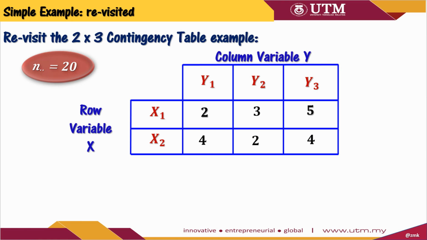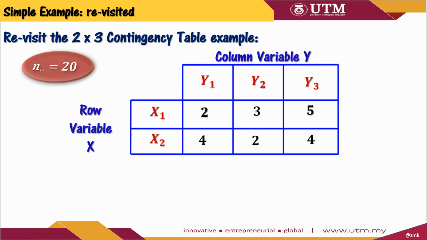For example, we can fix a row variable X where we choose 10 subjects from subcategory X1 and another 10 from X2. So the 10 subjects from X1 can only be in any of the 3 cells, either in cell X1Y1 or in cell X1Y2 or in X1Y3.